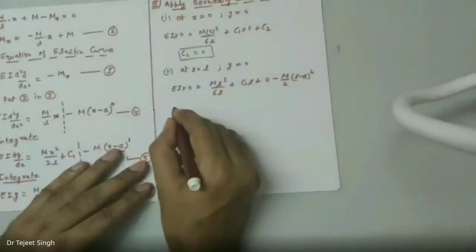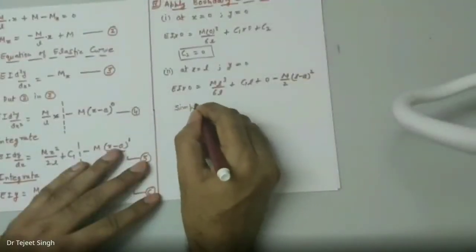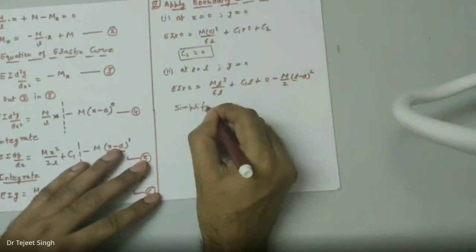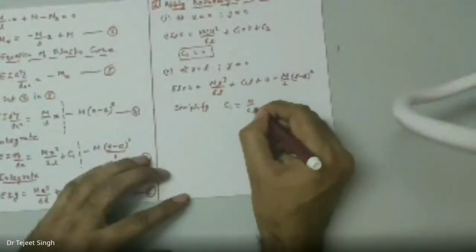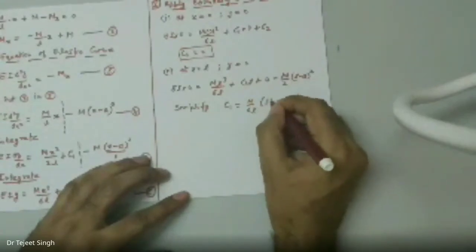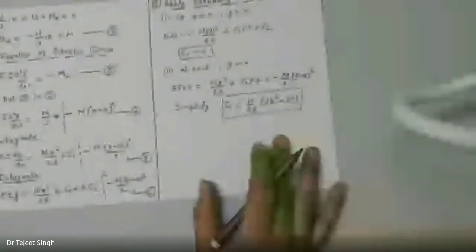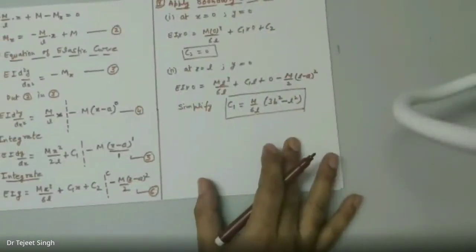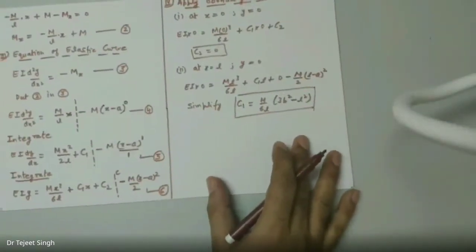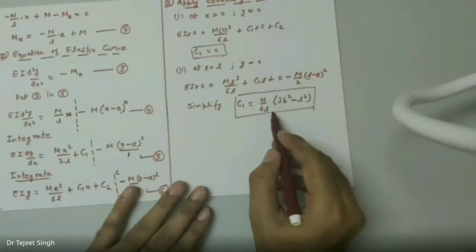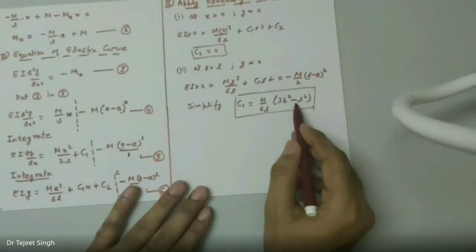If you simplify this equation, C1 comes out to be M upon 6L into (3b squared minus L squared). So the value of C1 will be M by 6L (3b squared minus L squared).